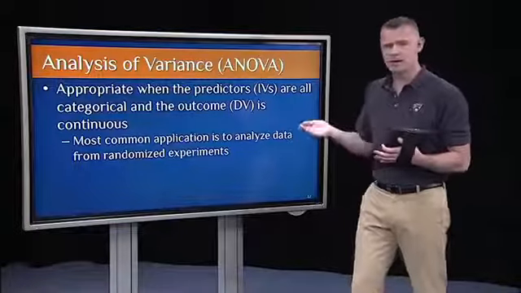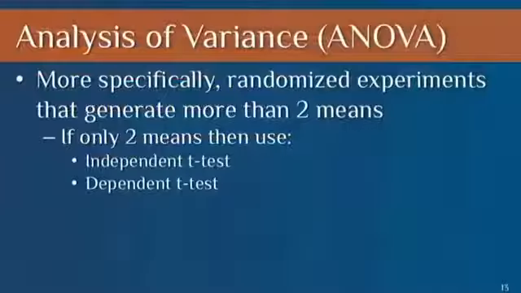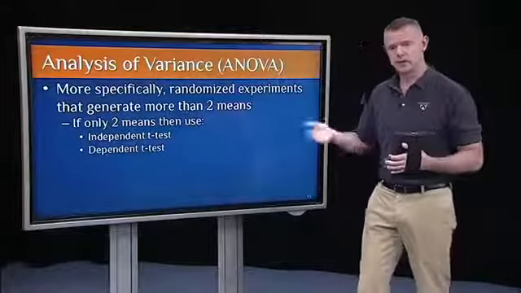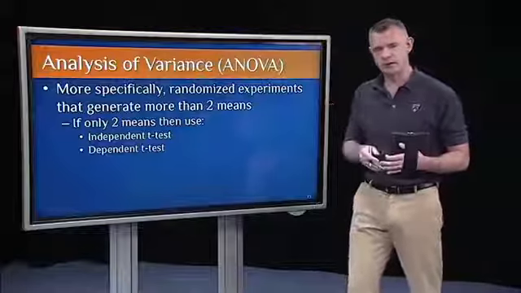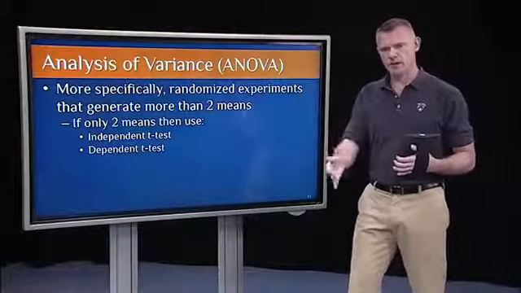But we can use it in any case where we have categorical predictors. And if there's only two levels of a categorical predictor, like the polio vaccine example where the children were just given either vaccine or placebo, then we could just do a t-test. We don't need to do this fancy analysis of variance. And we'll cover all of that after we cover moderation and mediation.